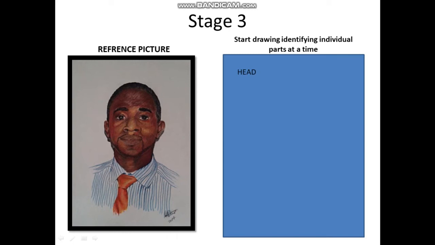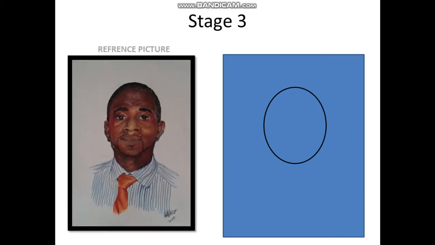Let's start with the head. I'm only using a shape which identifies how the head is formed. Now I'll be moving to the neck and the shirt.